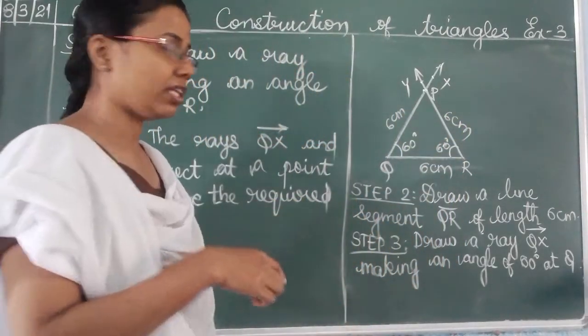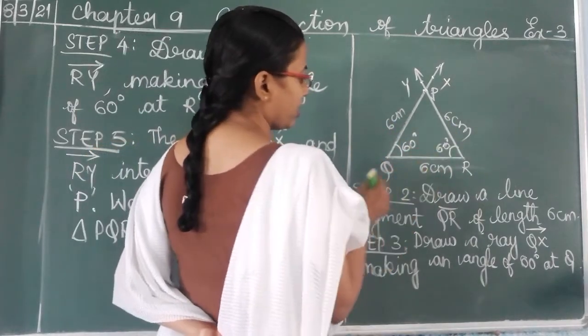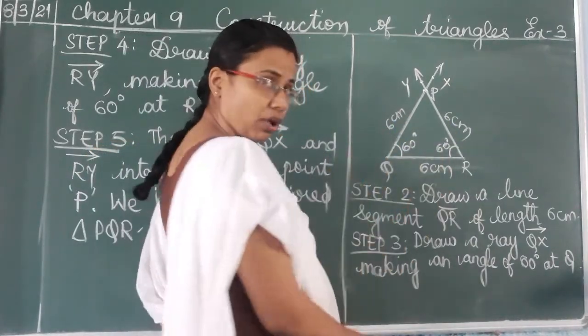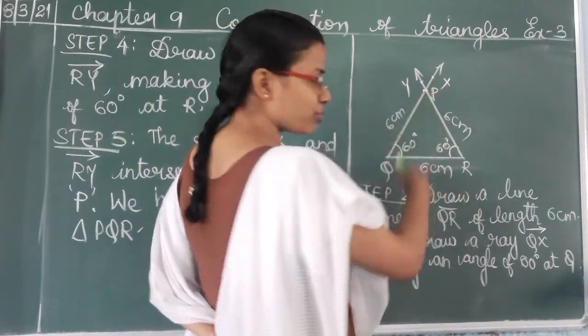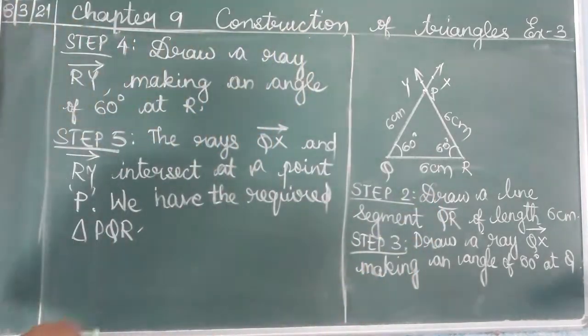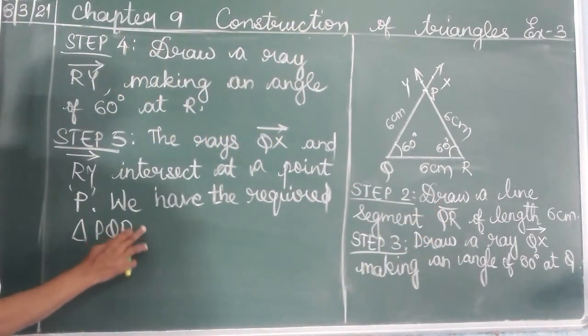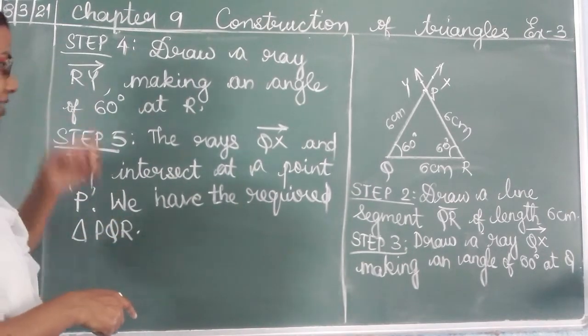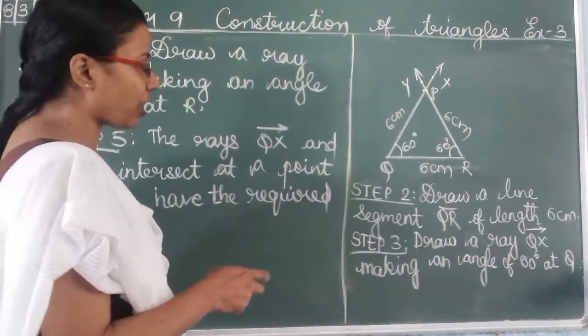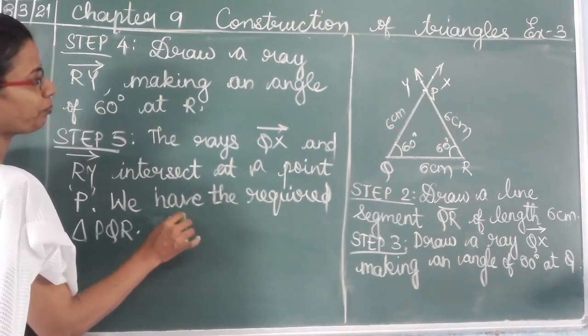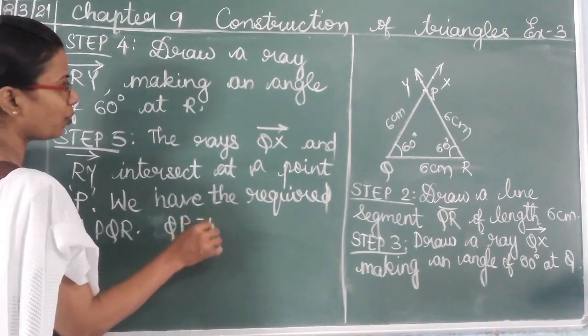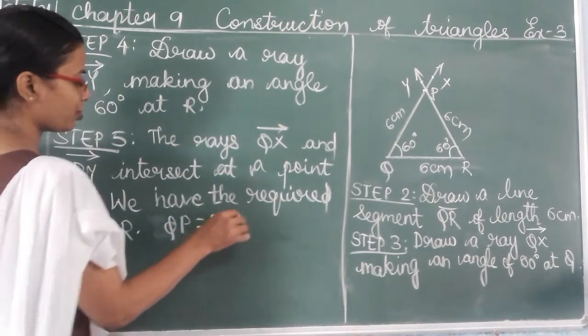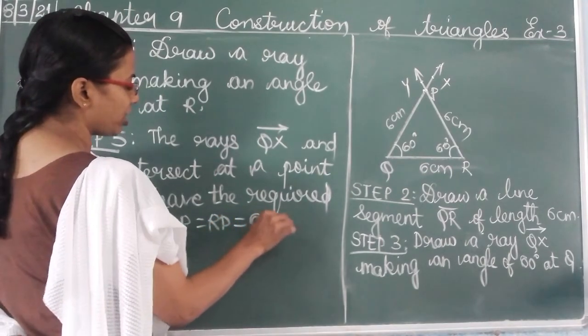All three sides are equal and two angles are already equal, so this also will be 60 degrees. So which type of triangle is it where all sides and all angles are equal? It is an equilateral triangle. QP is equal to RP, which is equal to 6 centimeters.